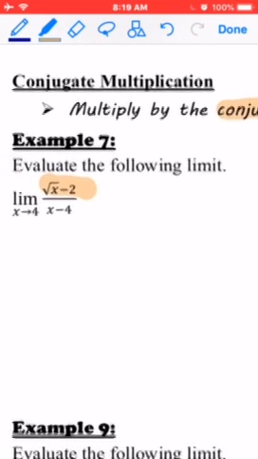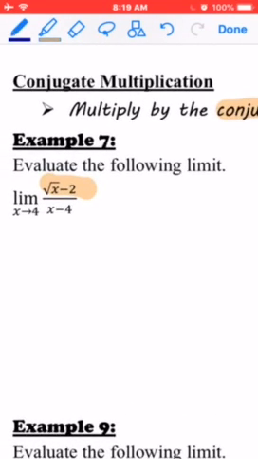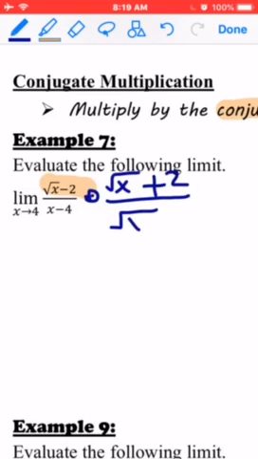We multiply the numerator and the denominator by the conjugate, the square root of x plus 2. When you FOIL or distribute, the square roots on the numerator go away.